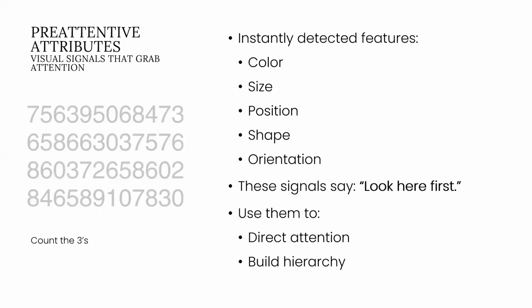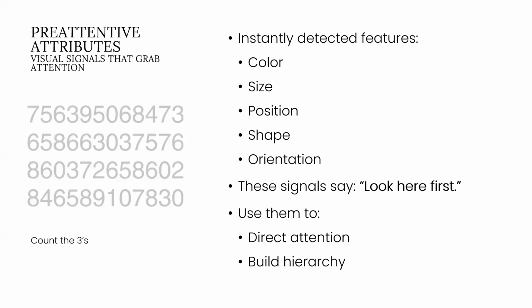Certain visual features are processed automatically and instantly by the brain. These features are known as pre-attentive attributes. They include size, color, intensity, position, orientation, shape, motion, enclosure, line length, line width, curvature, and added marks.